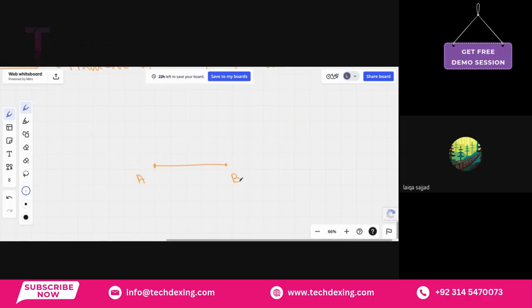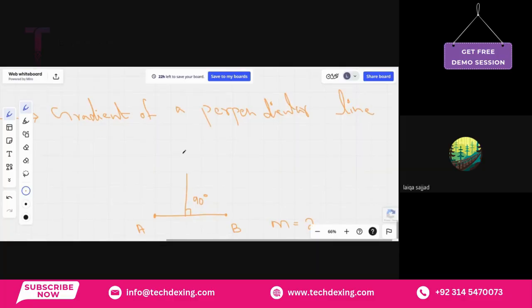Let's say I calculate its gradient and it comes to 2. Then I am given another line which is perpendicular to this line. Perpendicular means that it must make an angle of 90 degrees with this line, and it can be drawn at any point. The only condition is that it must make an angle of 90 degrees with the line AB. Then we call it a perpendicular line.